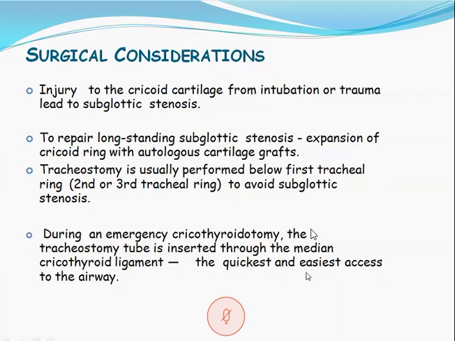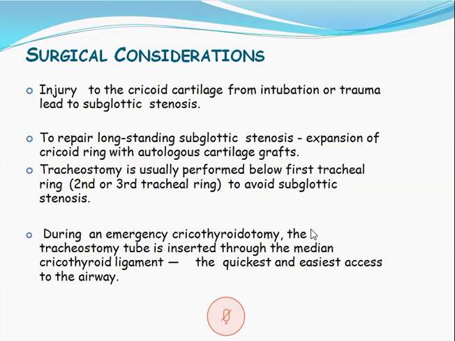The surgical consideration: injury to the cricoid cartilage from any intubation or trauma leads to subglottic stenosis. To repair this long-standing subglottic stenosis, expansion of the cricoid ring is attained by autologous cartilage grafts by splitting it.